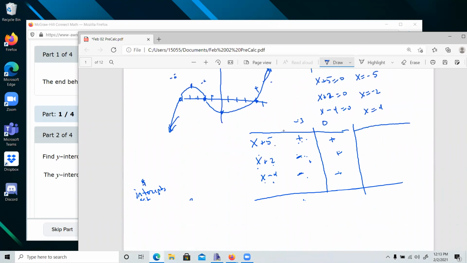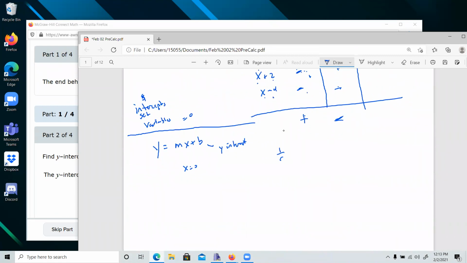So what do we have here? We have 1/9, then x plus 5, x plus 2, x minus 4. If I plug 0 in, we have 5, 2, and -4. We have to multiply this all out.